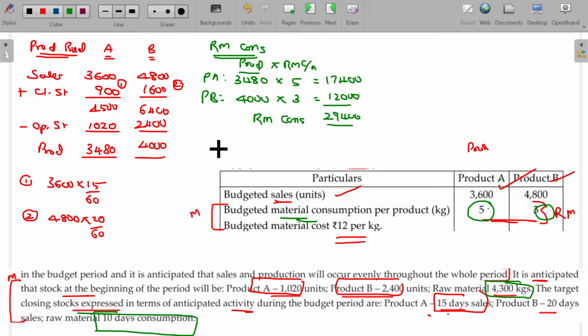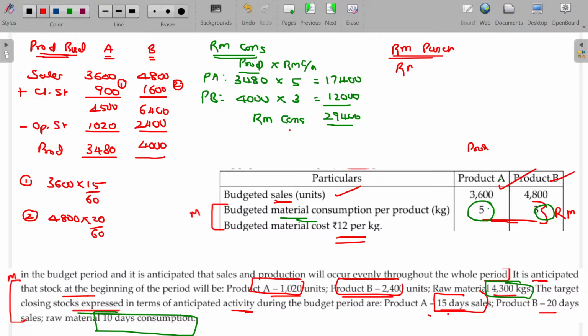Now next we will go for the raw material purchase. For raw material purchase budget, you are not going to sell. Instead of sales, we have the production. So here, raw material consumption is given, so raw material purchase budget to be prepared.